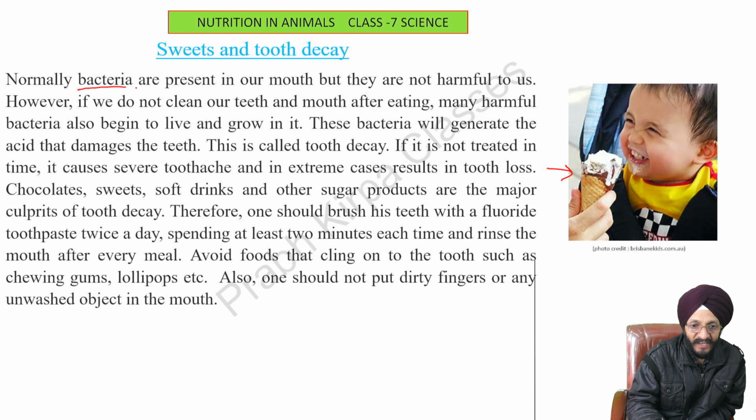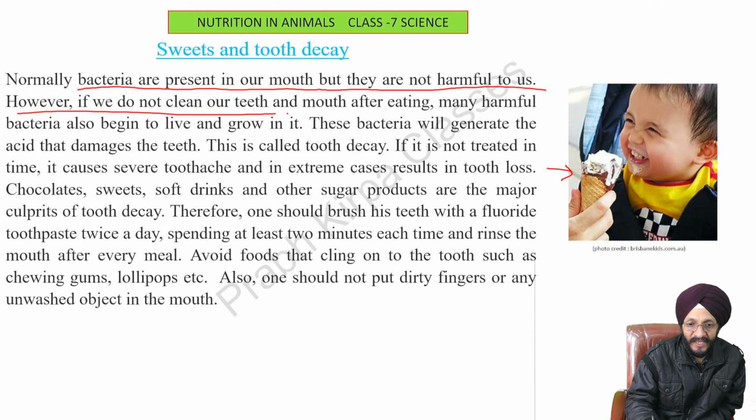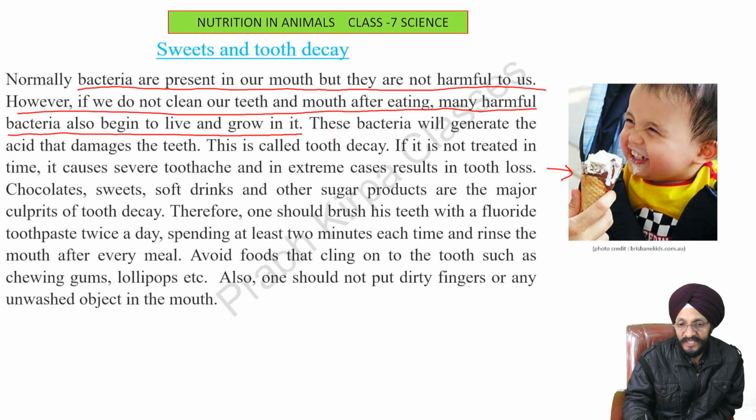Normally, bacteria are present in our mouth, but they are not harmful to us. However, if we do not clean our teeth and mouth after eating, many harmful bacteria also begin to live and grow in our mouth. These bacteria will generate the acid which damages the teeth. This is called tooth decay.